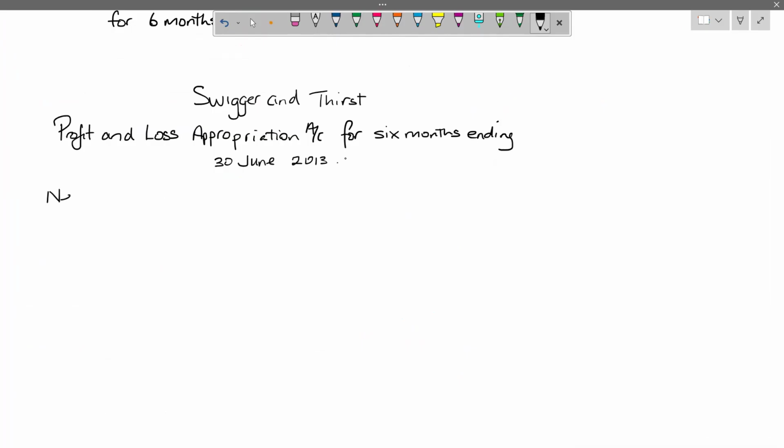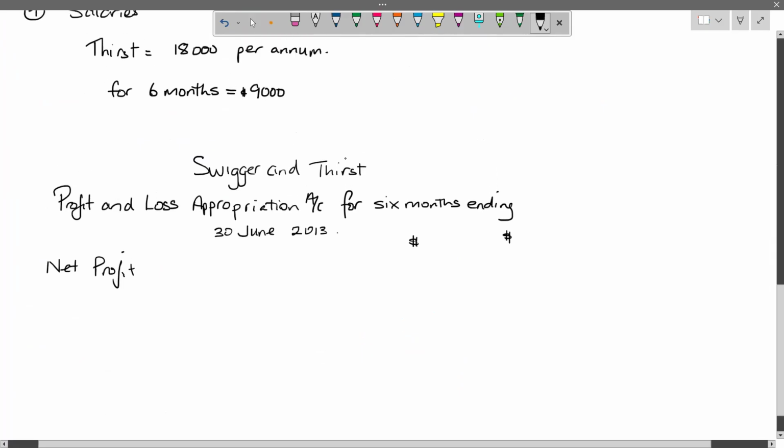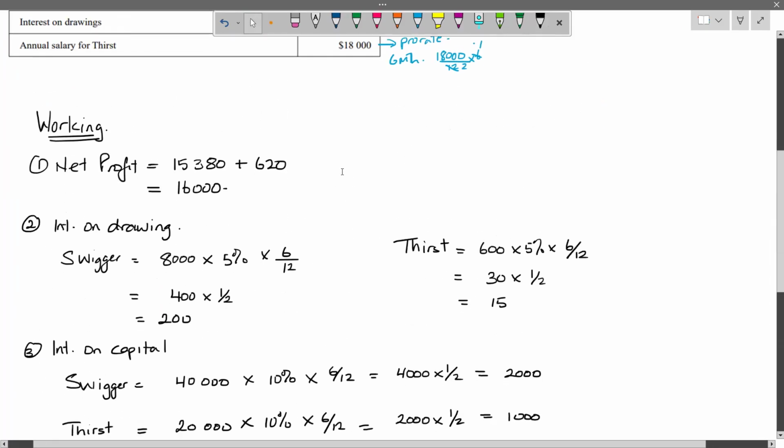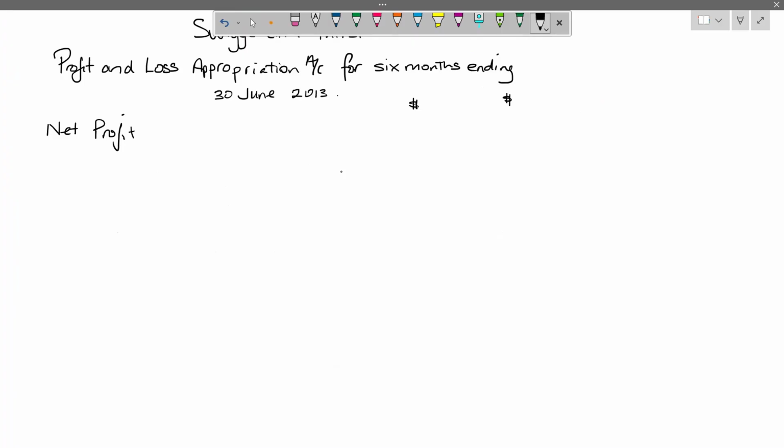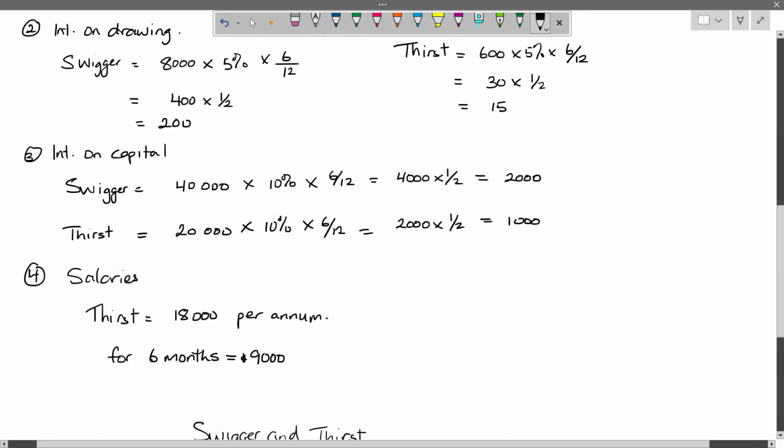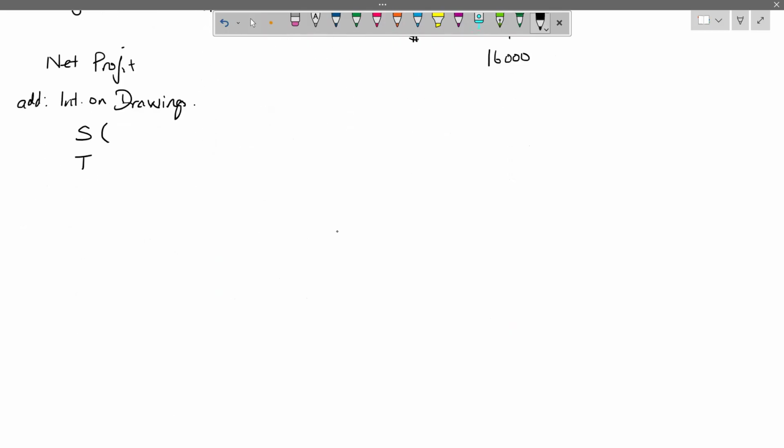You start with your net profit. We already have our working for net profit, 16,000. Then we need to add our interest on drawings. So we have Swigger and TUS. You just write your working: 8,000 by 5% by 6 over 12.